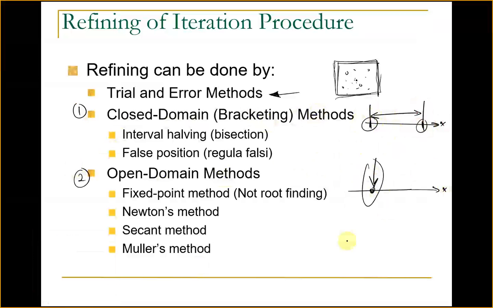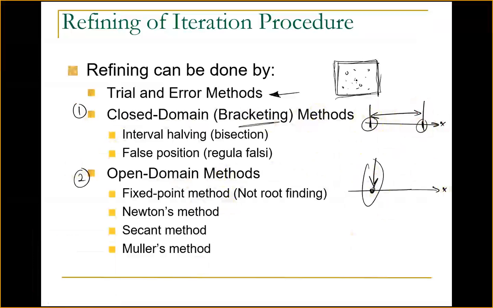So the point is your initial guess. These are the two ways of starting. Based on what your initial guess is, it tells whether you're going to use a bracketing or an open domain method in refining your search. Remember, the two parts to our iterative procedure are the initial guess and the refining.